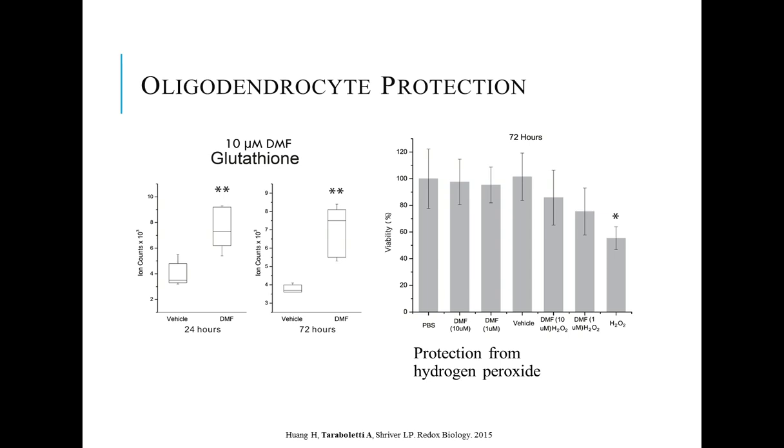Again, if you just pretreat with the drug, we've shown that there's increased reduced glutathione levels. This is an antioxidant molecule, so it's helping to decrease the oxidation that could occur from radiation and prepare the cell for oxidative damage.